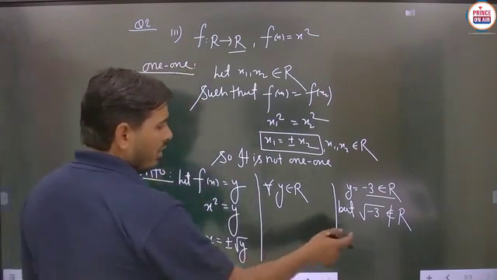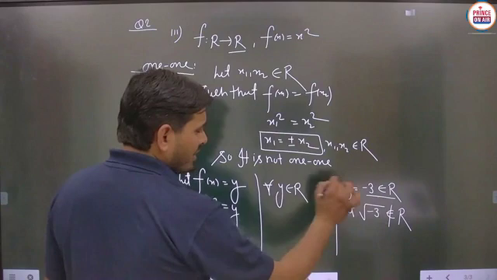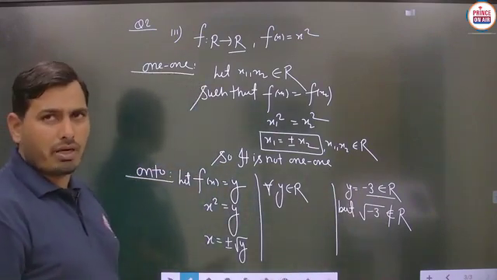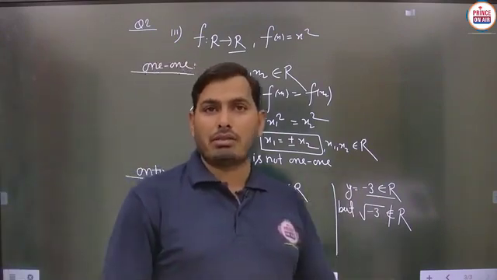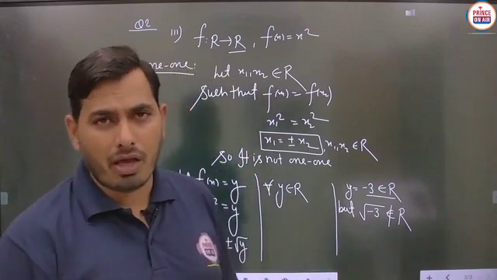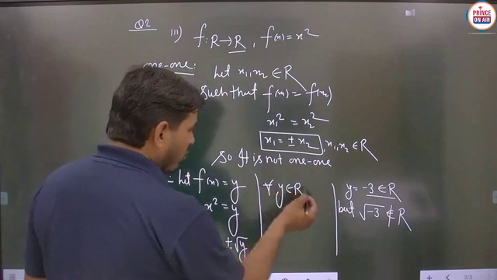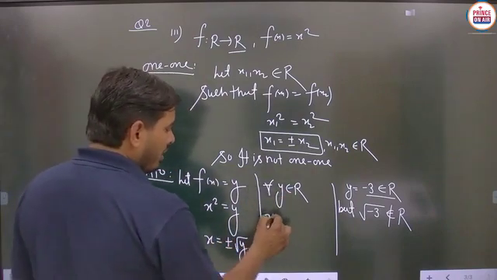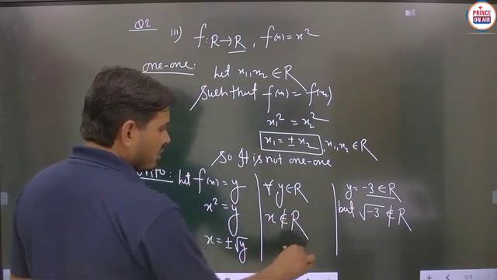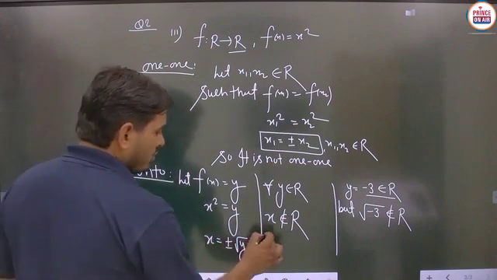Here we get the value of x as the square root of minus 3, but the square root of minus 3 is not available in the set of real numbers. That's why x does not belong to the set of real numbers, so it is not onto.